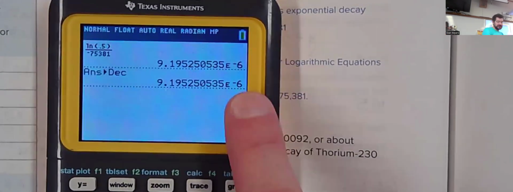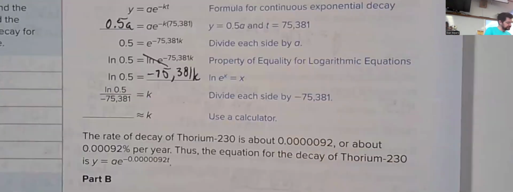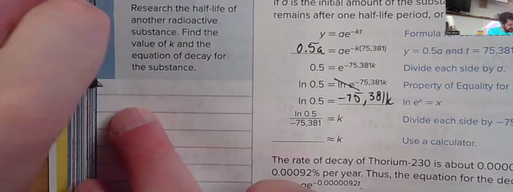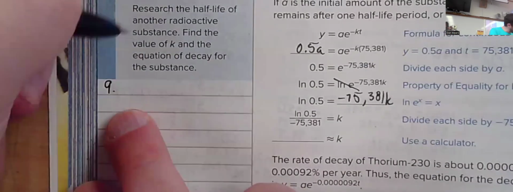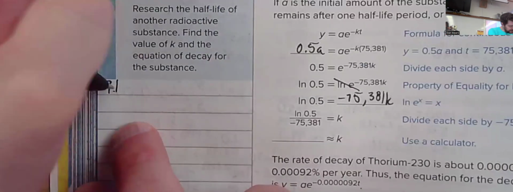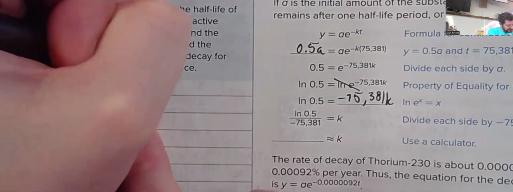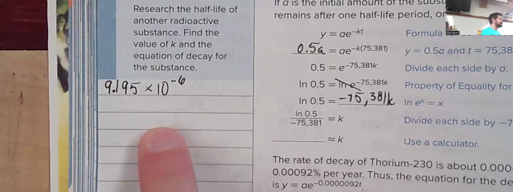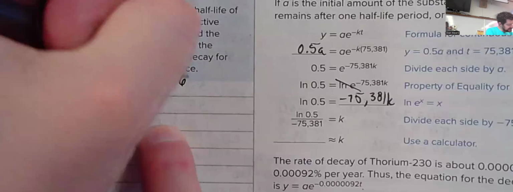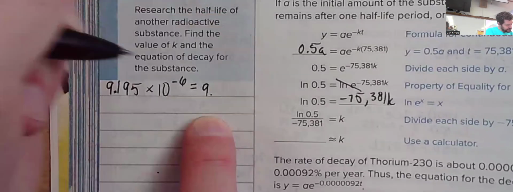So what this means here is, we can write this off to the side: 9.195, I'm just going to stop there, times 10 to the negative 6th power. That's what that means. And so that is equal to 9.195 E negative 6.